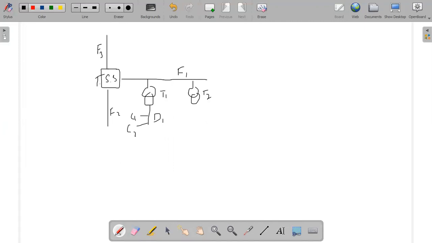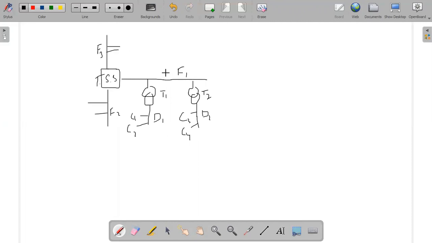Let me call this P2, and from this we will have the distributor D2, and from the distributor D2 we will have the consumers C3 and C4. And similarly, we will have similar connections from F2 and from F3.